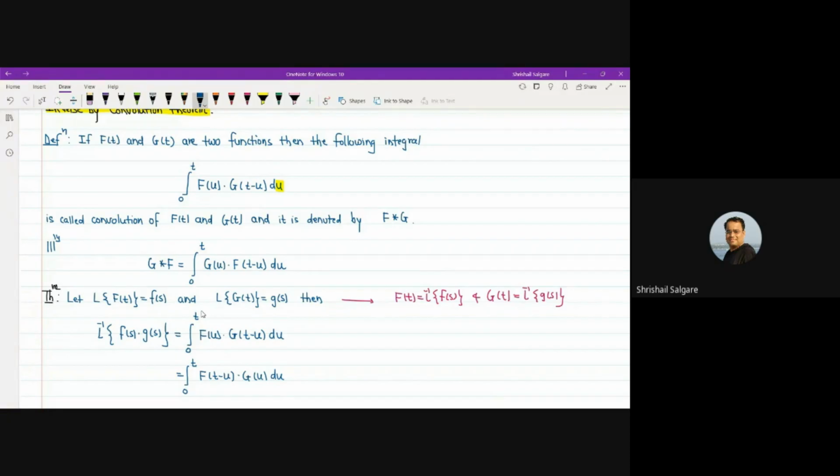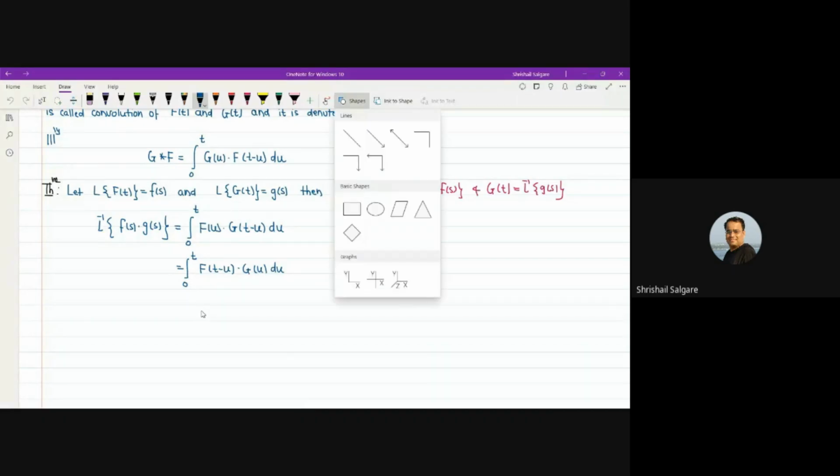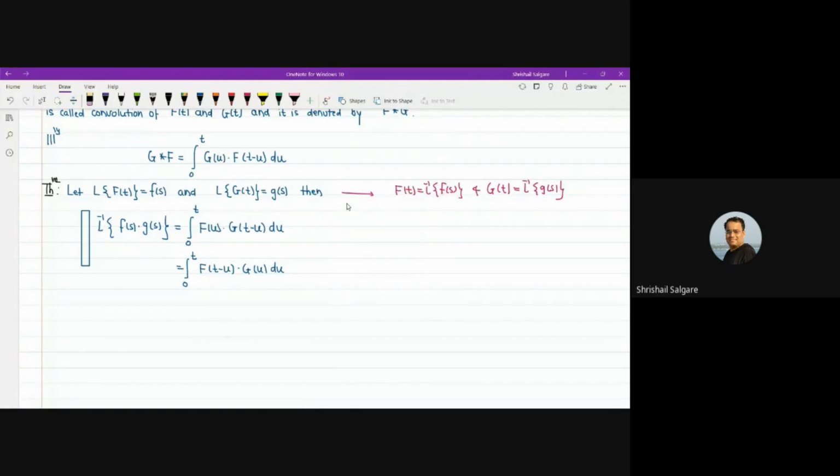It can be written as f star g or g star f, both are equal. So this theorem you have to use to find inverse Laplace by convolution theorem. I will take one example, then you will get a better idea. The proof we are not studying, because the syllabus clearly mentions convolution theorem without proof.